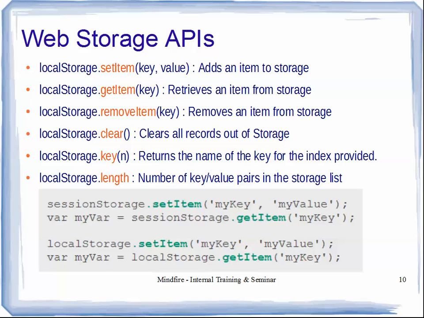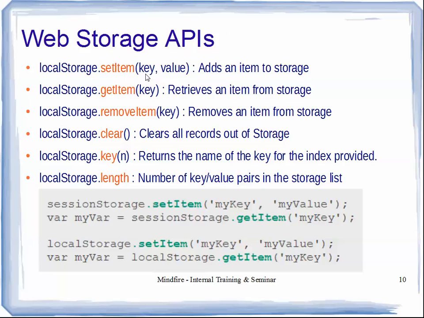Okay, now let's check what APIs we can use in web storage. setItem, getItem, removeItem, clear, key, and length.